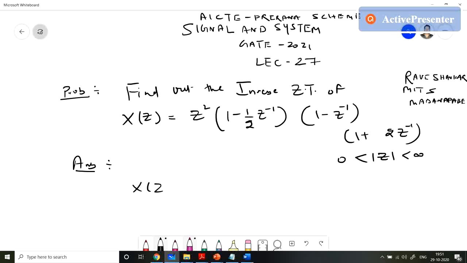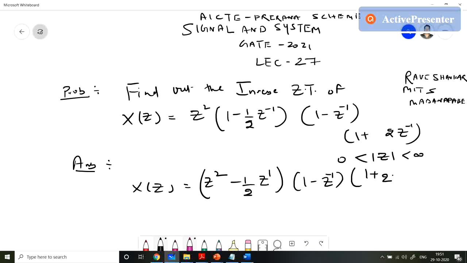So X(z), just multiply all these terms together. So what will we get here? After the multiplication, this z squared is multiplied inside, so it is z squared multiplied by 1 is z squared, then minus 1 by 2 z raised to the power plus 1, and then 1 minus z raised to the power minus 1, and 1 plus 2 z raised to the power minus 1.